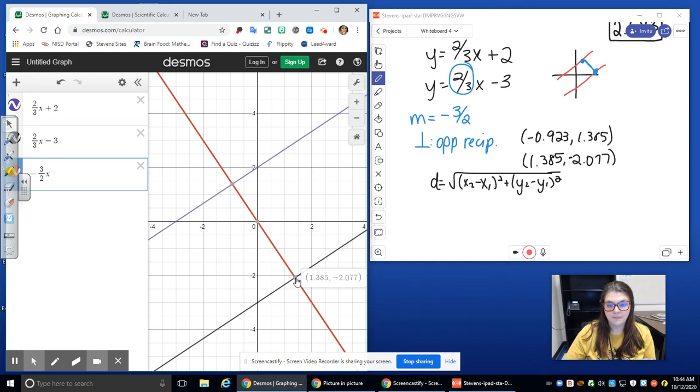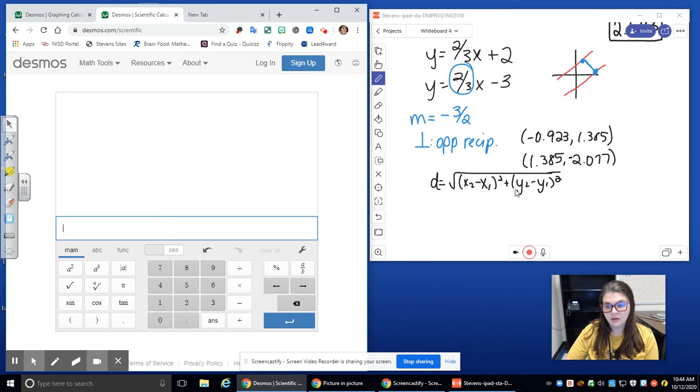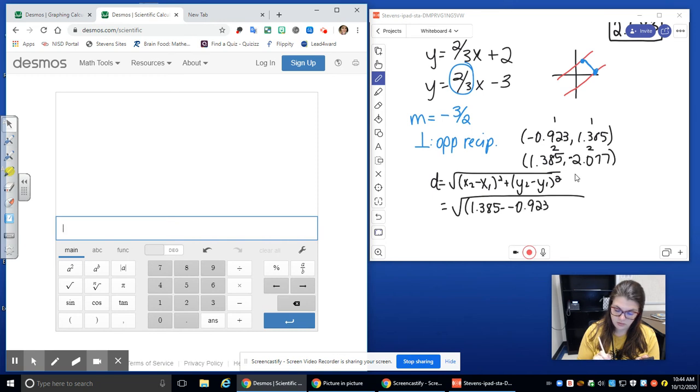Since it's an equation, I go back to my scientific calculator. I want to plug in my x and y values, so I'm going to label them 1s and 2s. We have x2, which is 1.385, minus a negative x1 value.